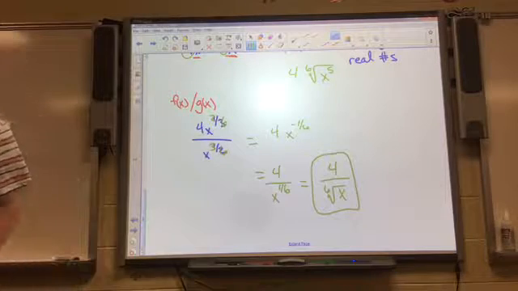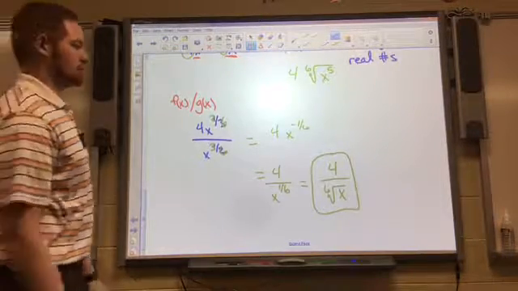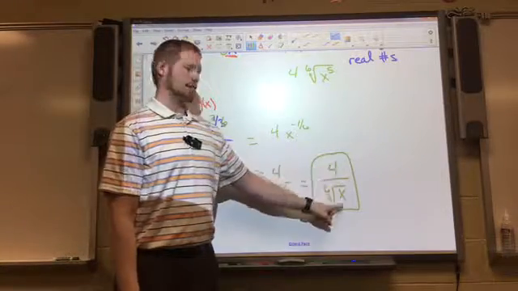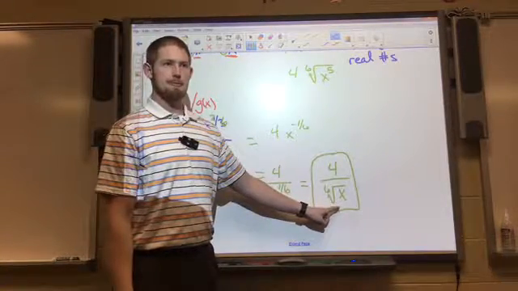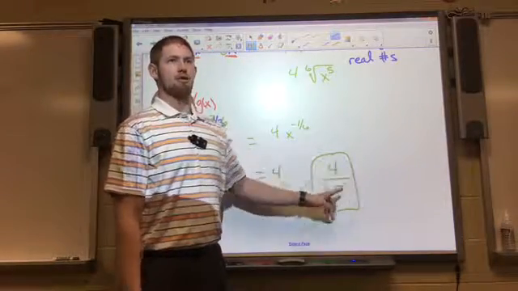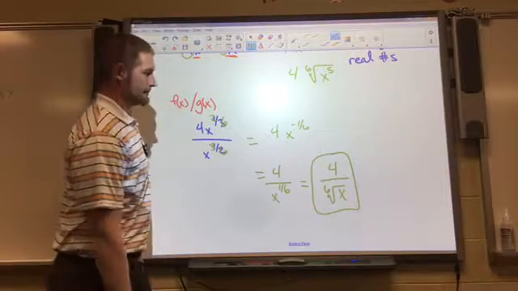Okay, so now we got to think about our domain. Can it be negative? No. Okay. So, is there any other restrictions or things you have to worry about? Do you need to worry that the x is in the denominator? You do if we were talking negative exponents, right? Okay, or radicals.